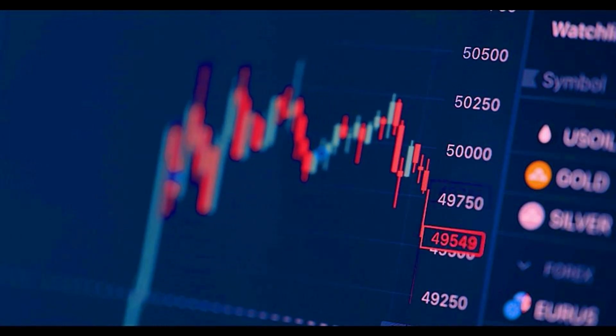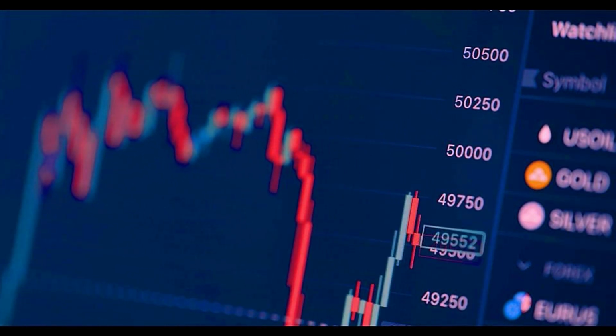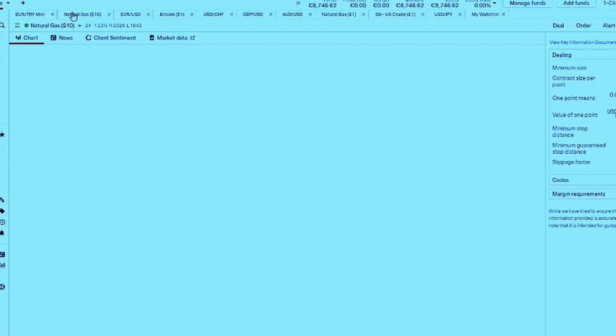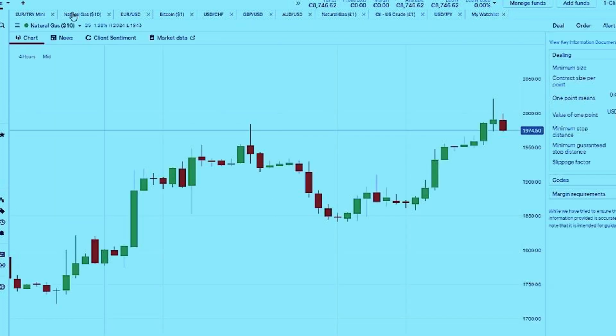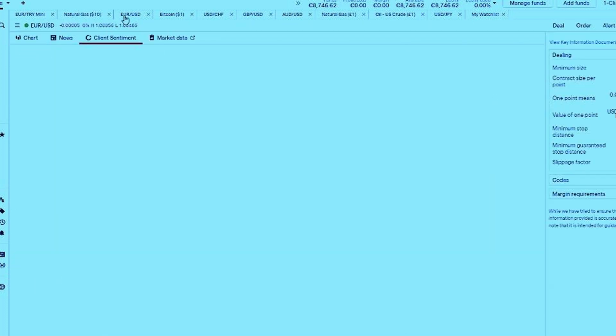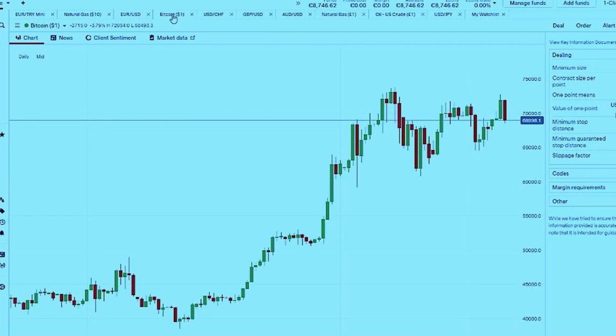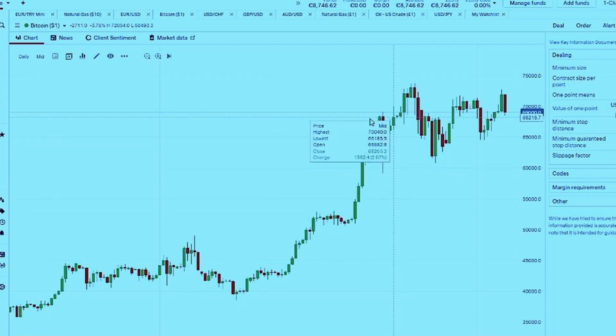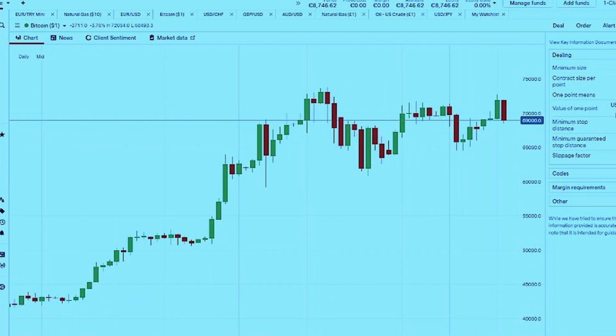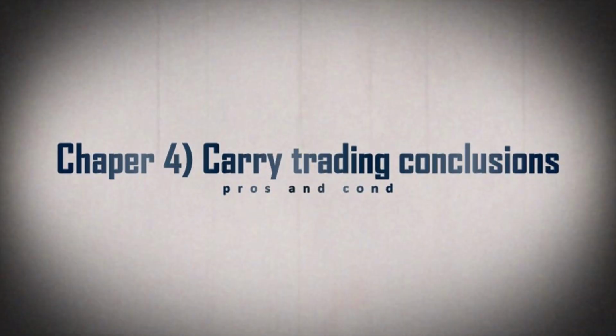This behavior contrasts sharply with carry trade strategies, as the influx of capital into safe haven currencies causes their value to appreciate against those with higher interest rates. As a result, carry trades may prove less fruitful during periods of economic uncertainty and heightened risk aversion.